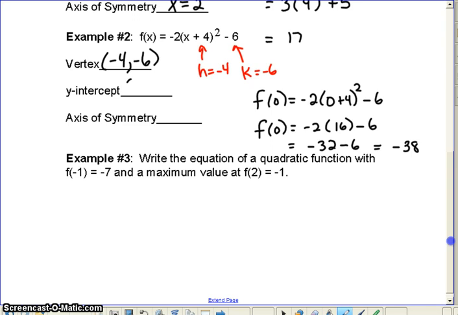So the y-intercept is 0, negative 38. Then, of course, your axis of symmetry, whatever x is on your vertex, that is the axis of symmetry. X equals negative 4 is the equation of the vertical line.